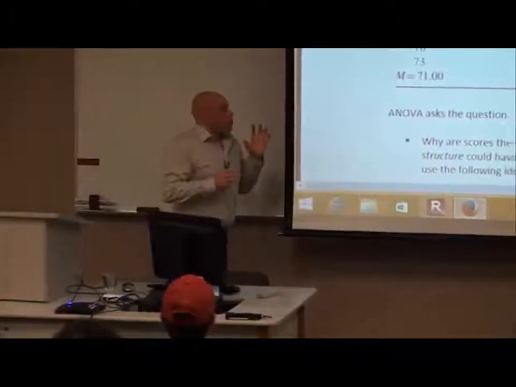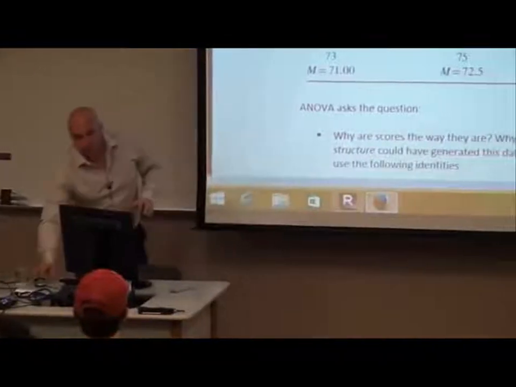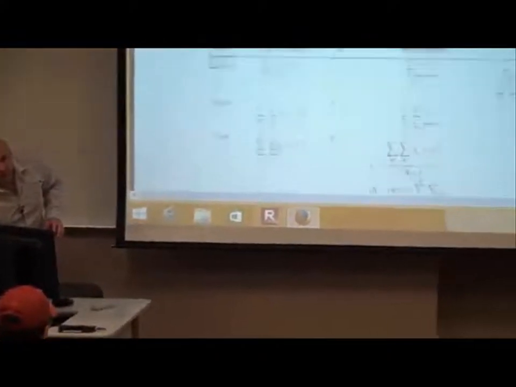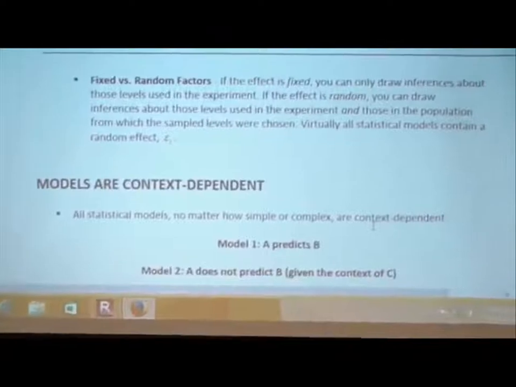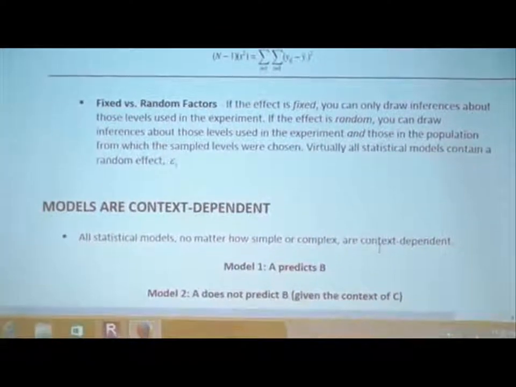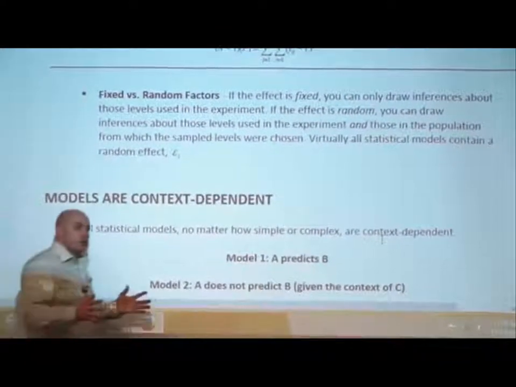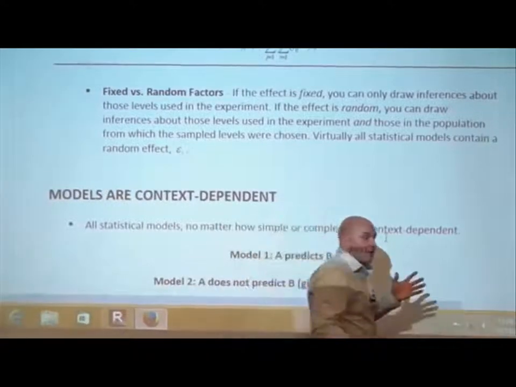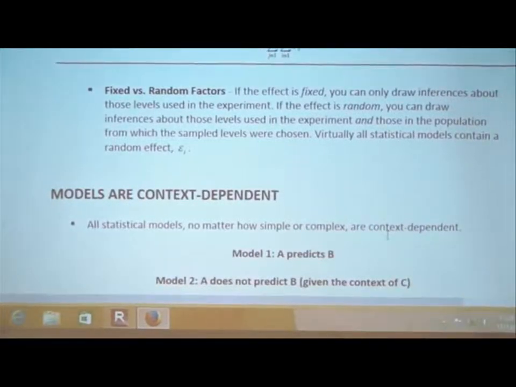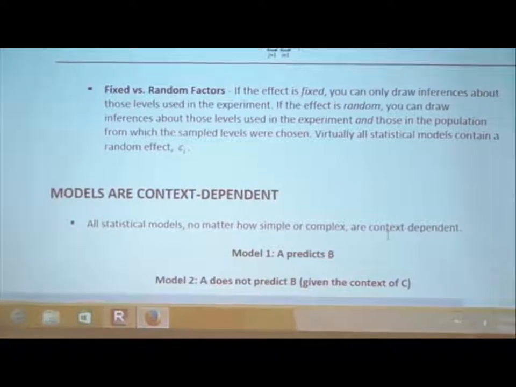Okay. So you want to look in the research paper for whether the effect is fixed or random, because that's going to have huge implications. It's going to have implications for how the F ratios are constructed, but most importantly, for what the conclusions are in the discussion section.